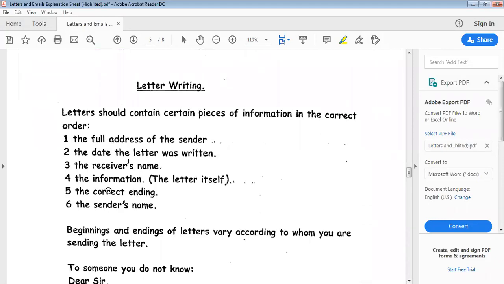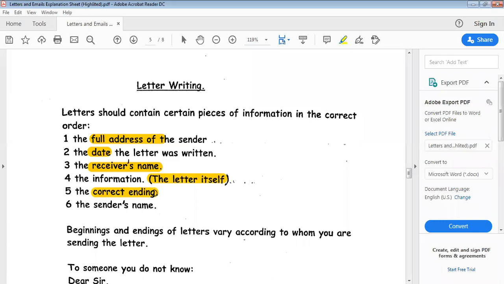Okay, this is a recap of the things that you should include in a letter, okay? Letters should contain certain pieces of information in the correct order. The address of the sender, the date, the receiver's name. If I don't know the receiver's name, then I'm going to say, dear sir / madam. The letter itself, the information, okay? The correct ending, the closure, okay?